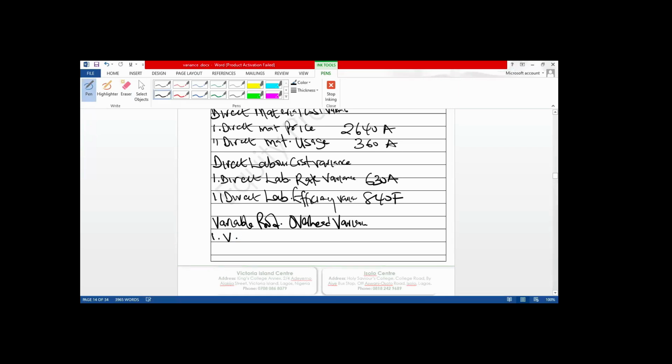We have variable production overhead expenditure variance, and you have variable production overhead efficiency variance.